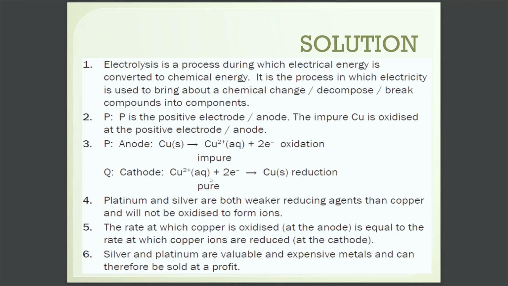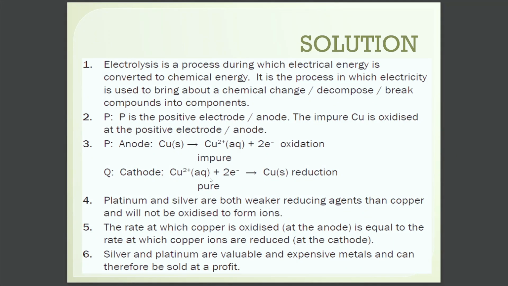Grade 12, just to put a stamp on this, whenever you are looking for the side which may consist of impure substances, you must understand that impure will be located on the anode side. And the anode side is the positive side, because on the positive side, that's where a substance will be oxidized. Very, very important for you to understand that.